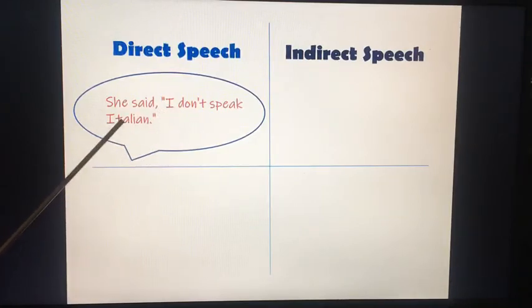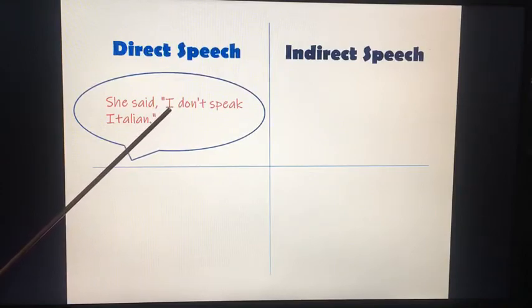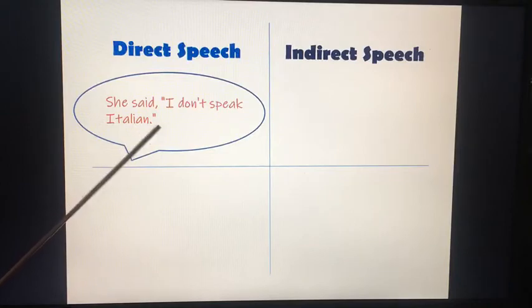Then the actual words are enclosed by an open and closed quotation marks or speech marks. So, comma, followed by an open quotation mark. The actual words begin with a capital letter, and then it ends with a punctuation mark before it is enclosed by the closed quotation mark.